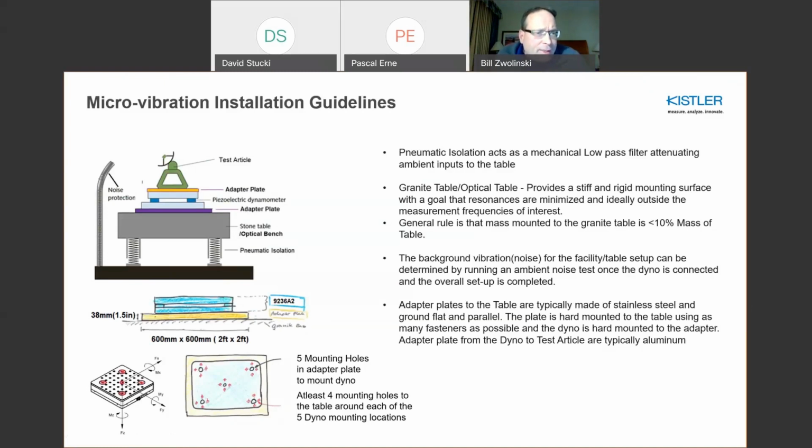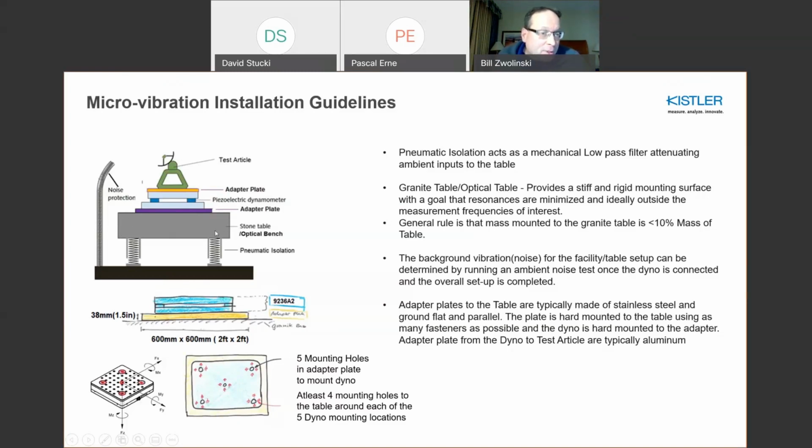And in terms of the adapter plates, usually we recommend a stainless steel adapter plate, perhaps on the order of, say, 25 to 38 millimeters thick, obviously ground flat and parallel, and having adequate holes to accommodate the dynamometer mount, as well as the interface to the table itself.